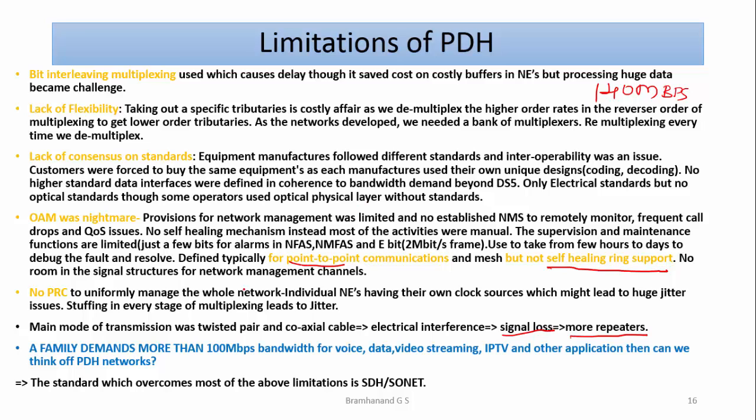If a particular family wants 100 Mbps or beyond, and the maximum data rate supported by PDH is 140 Mbps, how can we think of having a PDH network installed at every home location, which is not possible. So that's the reason why PDH networks are getting superseded by SDH, SONET networks, and OTN and WDM networks.